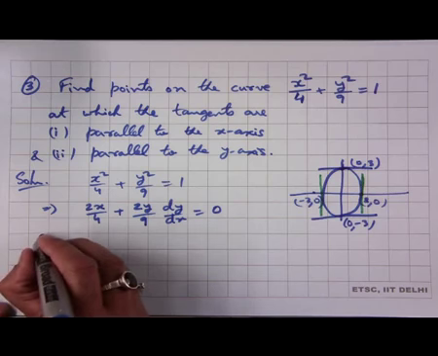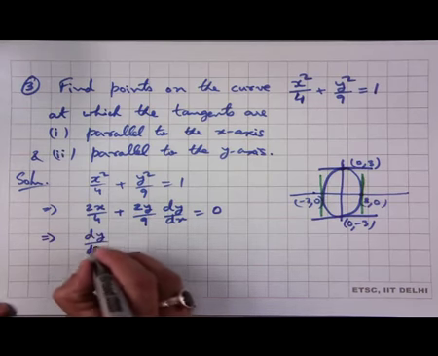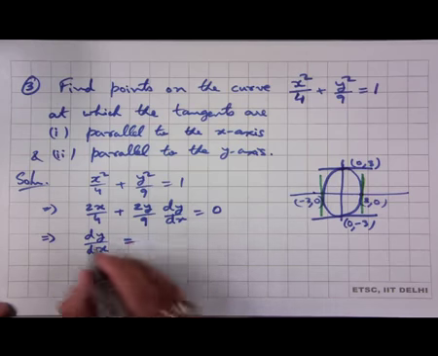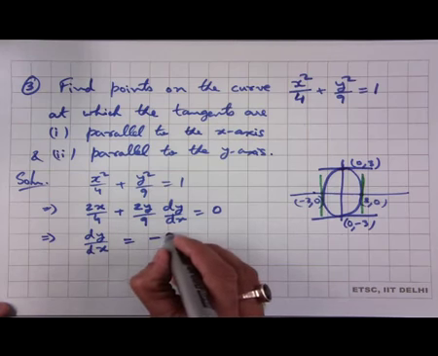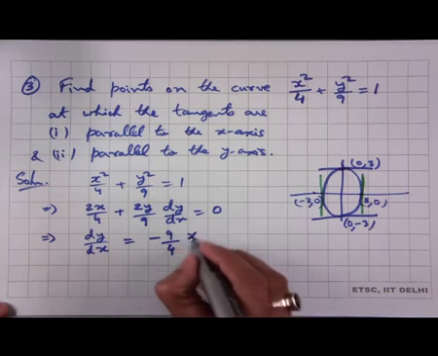This implies dy dx is equal to minus 9 by 4 times x by y.